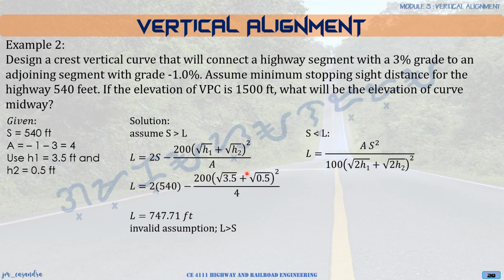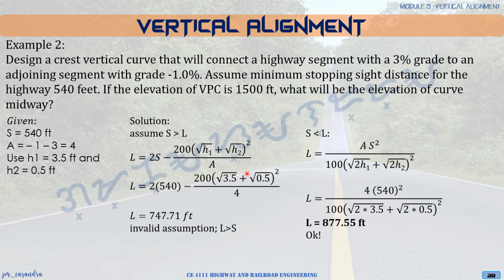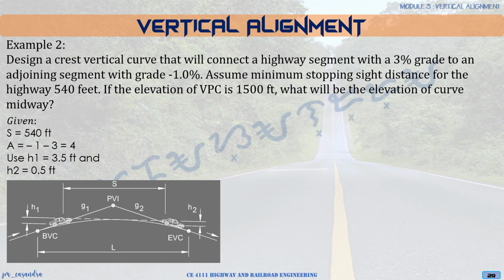L is equal to A S squared divided by 100 times the square root of 2H1 plus square root of 2H2 squared. So substituting the values of A, S, H1, H2, we arrive at L equal to 877.55 feet, which is greater than S. So meaning we now have computed the correct value of L.